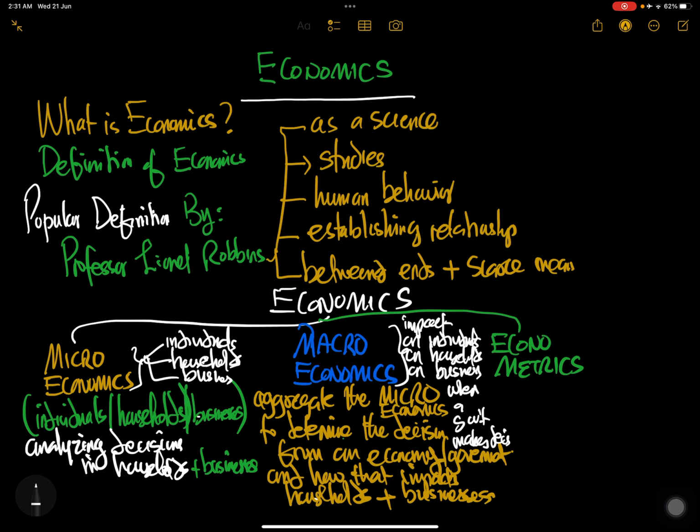So you hear things like GDP, gross domestic product. You hear things like per capita income. These are things to be discussed under macroeconomics. Under microeconomics, you'll be hearing things like demand, supply, production, consumption, and so on.